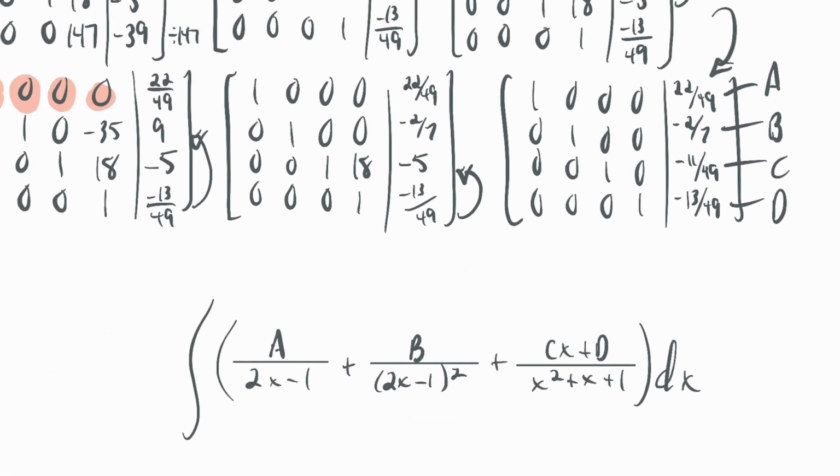So A is 22 over 49. B is negative 2 over 7. And then C is negative 11 over 49 times X minus 13 over 49.